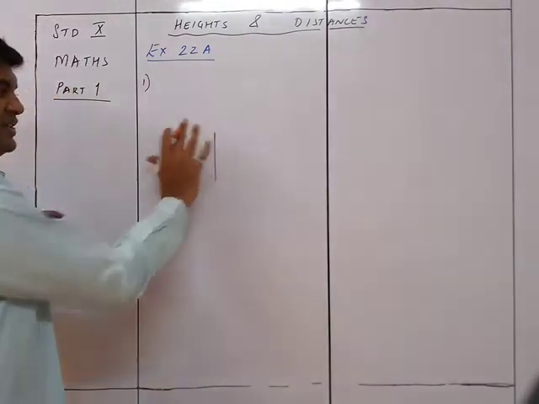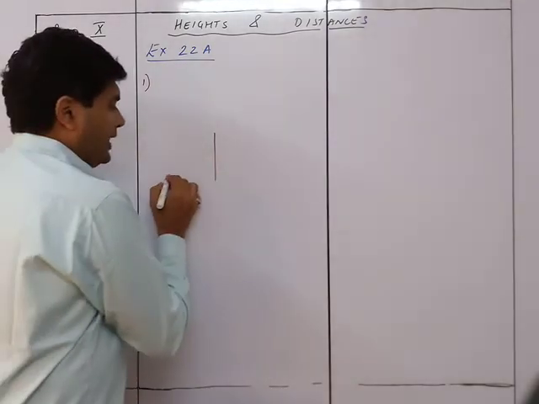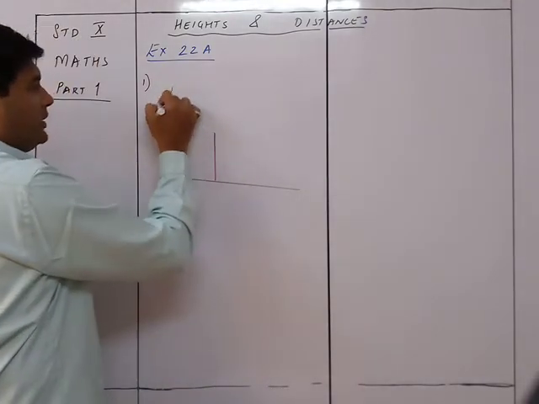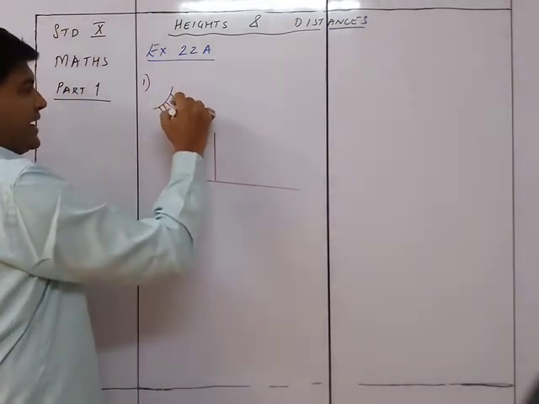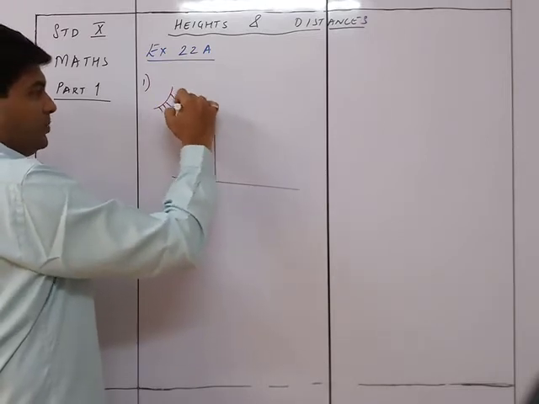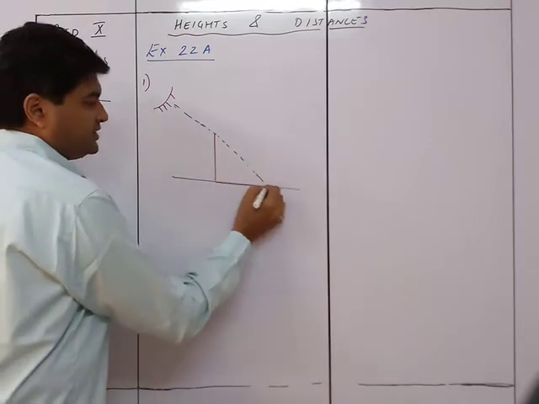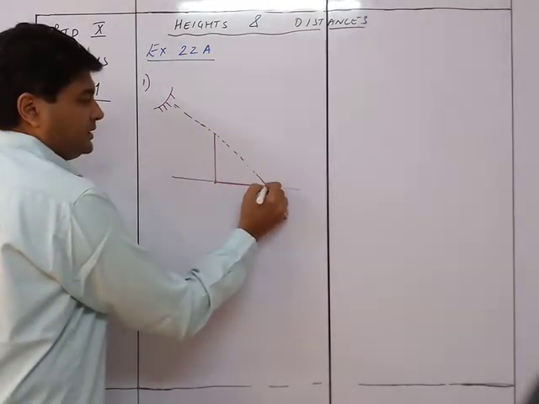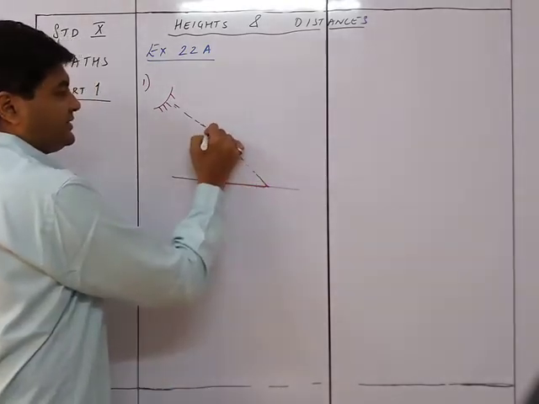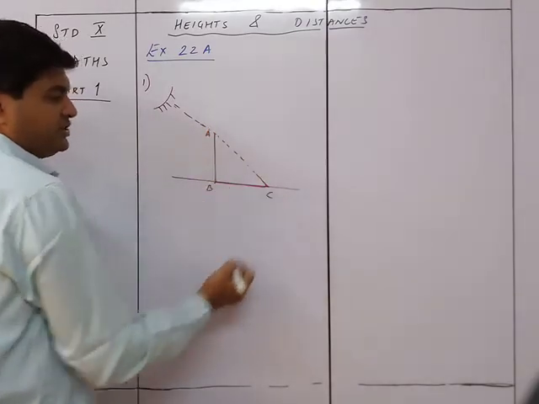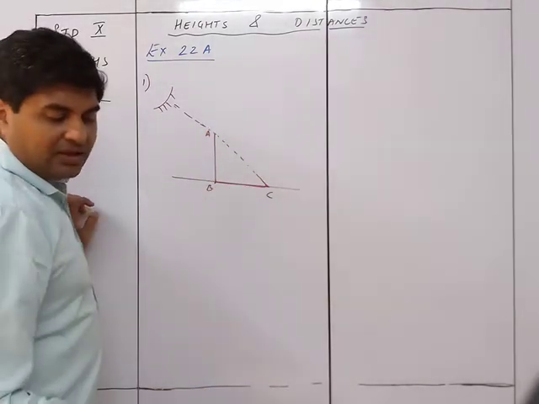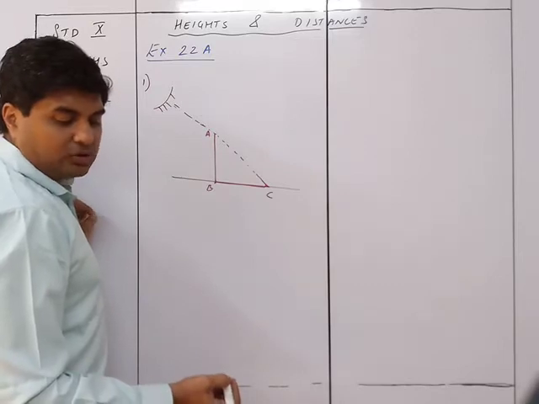We are just going to take a single line to be the tree. And we very well know that if the sun is over here, then the shadow is going to be like this. This is the shadow. So this is the tree, AB, and BC will be the shadow. It is given that the height of the tree is √3 times the length of the shadow.